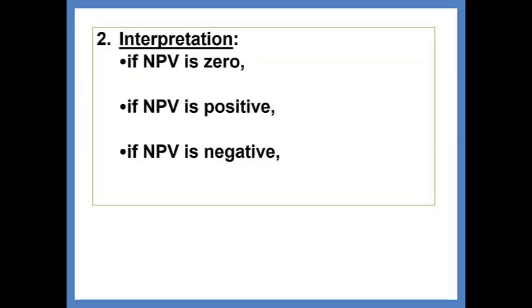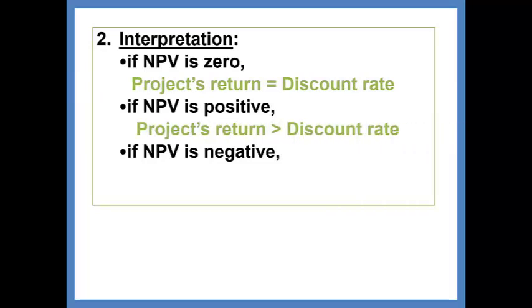Once you calculate net present value, you will note that if it's 0, the project's return is equal to the discount rate. If it's positive, the project's expected rate of return is greater than the discount rate. So in either of these cases, it's an acceptable project.